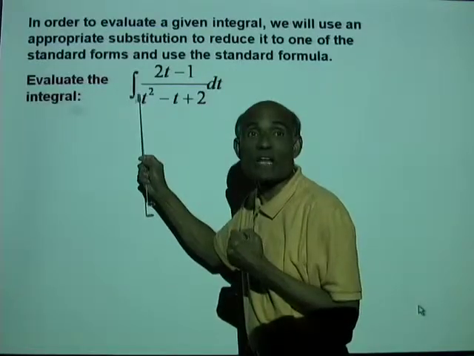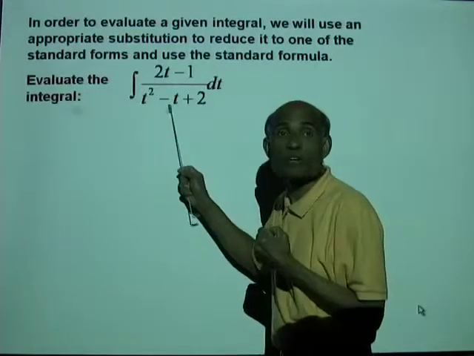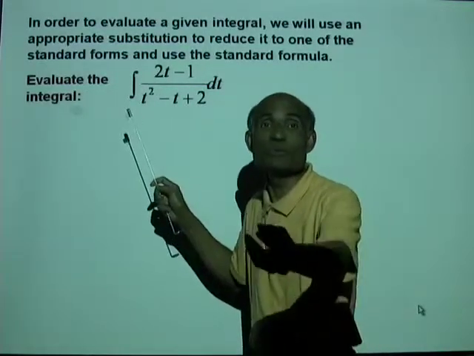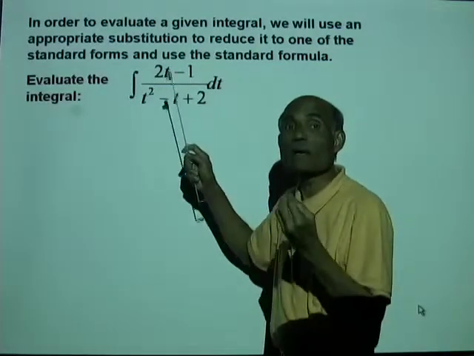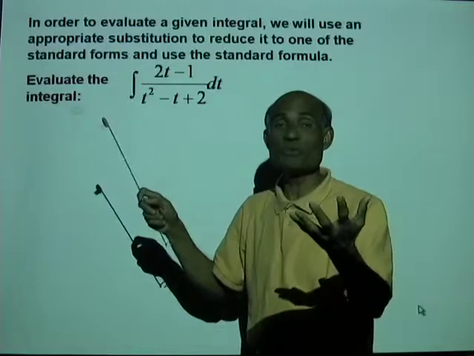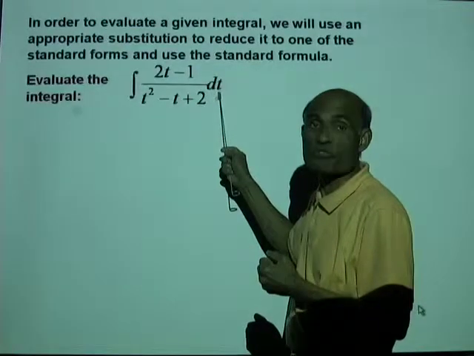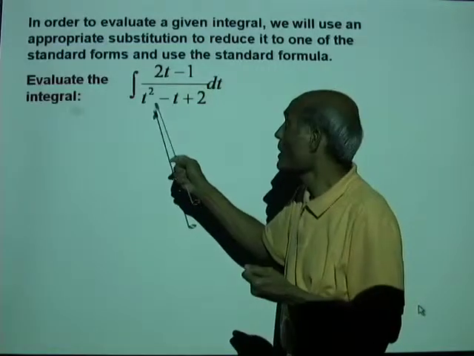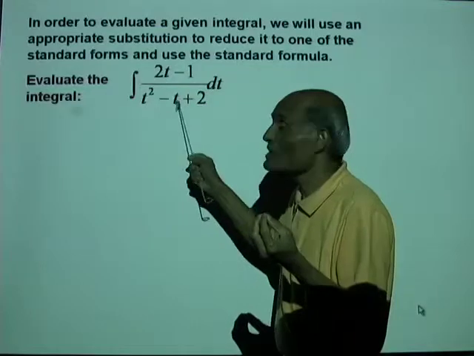It tells you that you can substitute this quantity to be equal to u. Then 2t minus 1 will become part of the du that you will use to replace dt. That's the way to think about it. So what is the incentive that made me make the substitution?